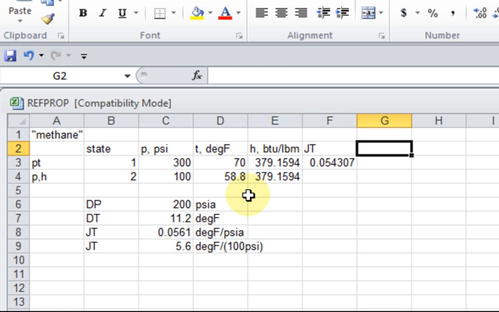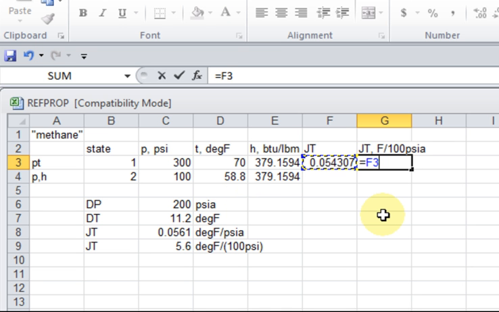If you wanted the Joule-Thomson in the other units, degrees F per 100 psi, you just take that value and multiply by 100, and you can see it a little clearer, right?